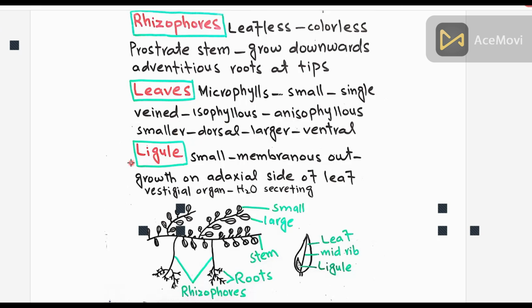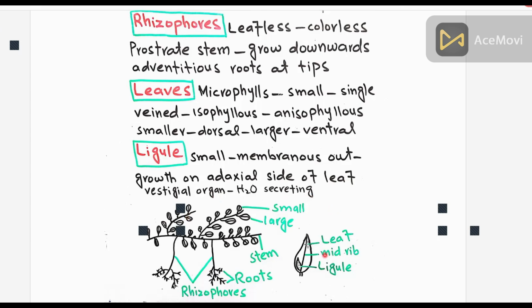Ligule. Ligule is a small membranous outgrowth on the adaxial side of the leaf near the base. It is considered a vestigial organ. However, some believe that it is a water excreting or water absorbing structure that keeps the leaf moist.